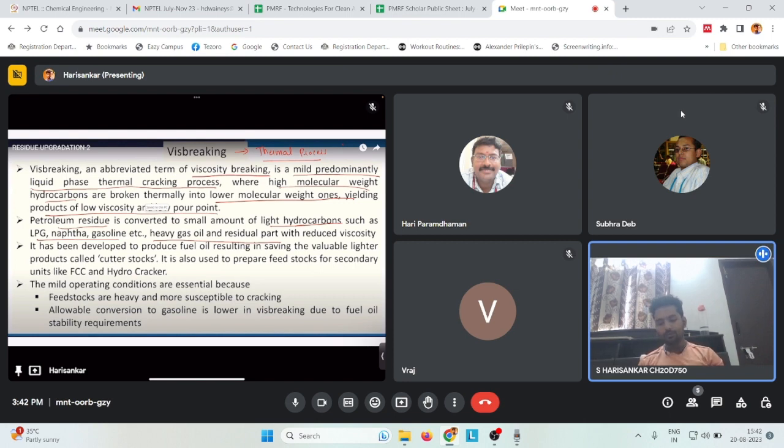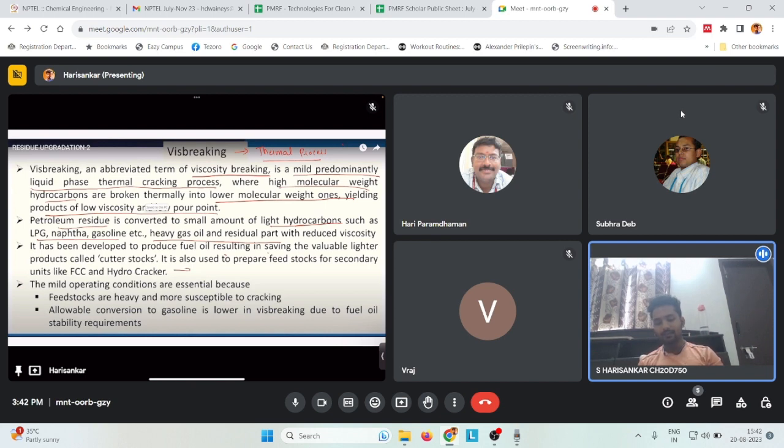Yeah, and it has been developed to produce fuel oil, resulting in saving the valuable lighter products called cutter stocks. It is also used to prepare feedstocks for secondary units like FCC and hydrocracker.